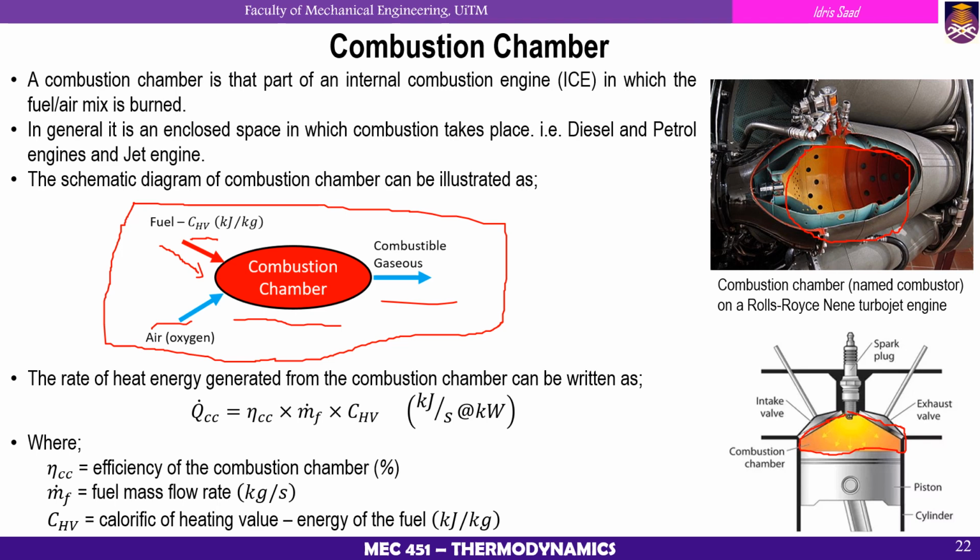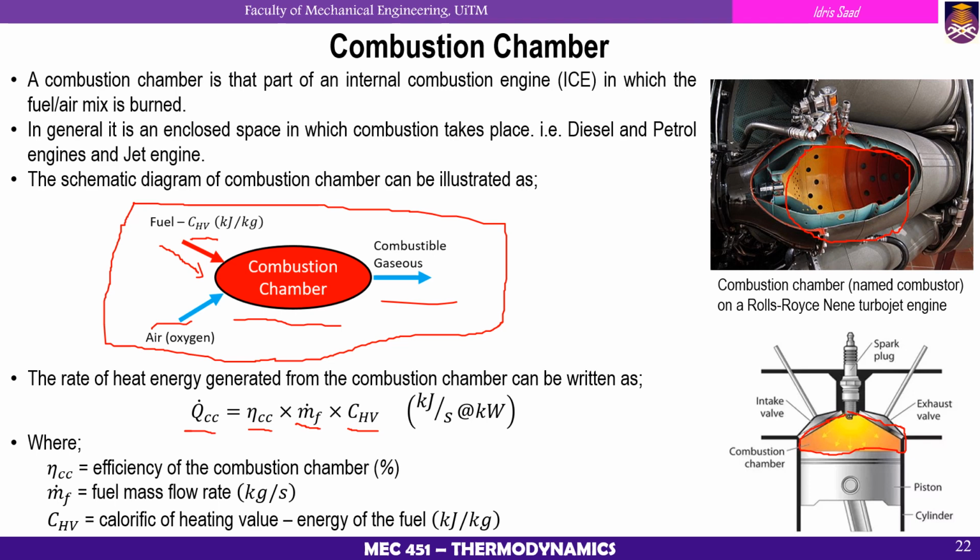Now the rate of heat energy generated from this combustion process, denoted as Q dot CC, in the combustion chamber can be written as the efficiency of the combustion chamber multiplied by the mass flow rate of the fuel multiplied by the energy content.